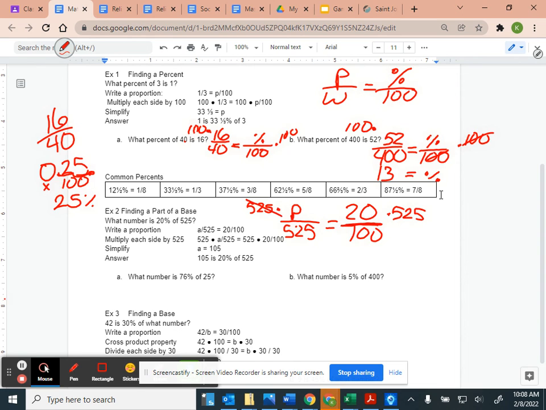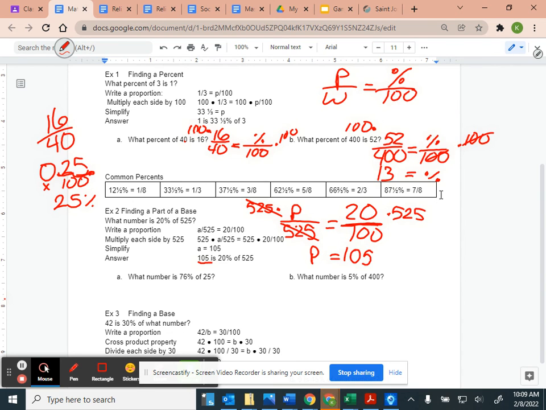But if we're multiplying 525 divided by 525, we're left with just that P. So 20 times 525, and then divide it by 100, we get that 105. So 105 is 20% of 525.